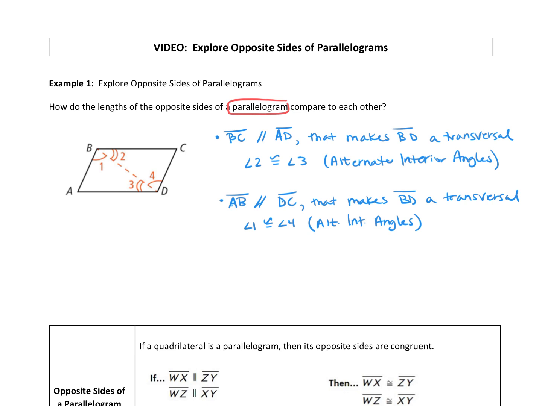Another thing we have is, by the way, here's where this is heading. When we put in this diagonal, we are creating two triangles. Right now, those triangles have two congruencies in each triangle. Both triangles share side BD. So we also know that BD is congruent to itself. The thing that lets us say that BD in one triangle is congruent to BD in the other triangle is the reflexive property.